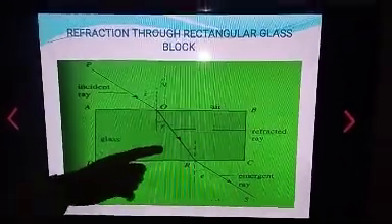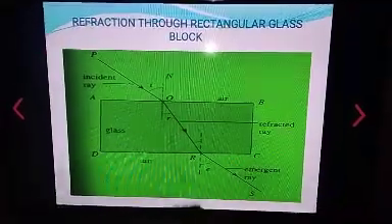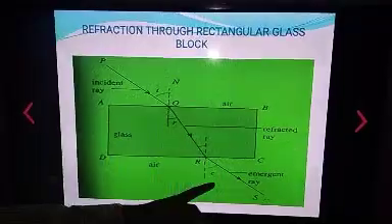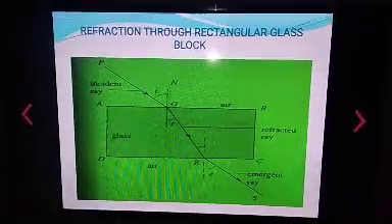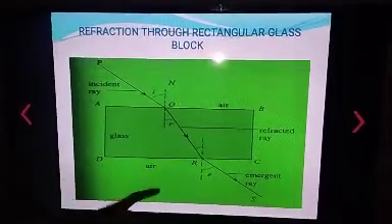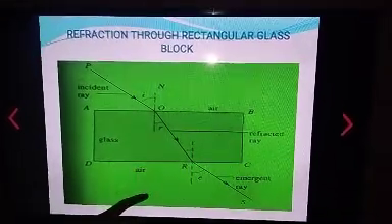And also the light will come out from the block. That is what we call the emergent ray. The emergent ray and the angle of incidence will always be the same because it is from air to the glass and also out again to air.